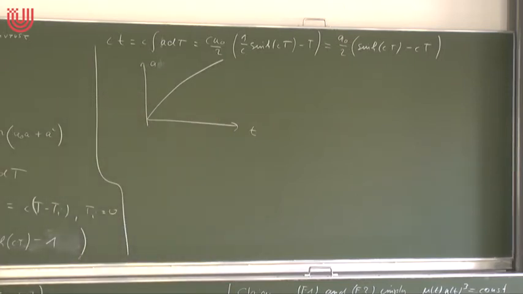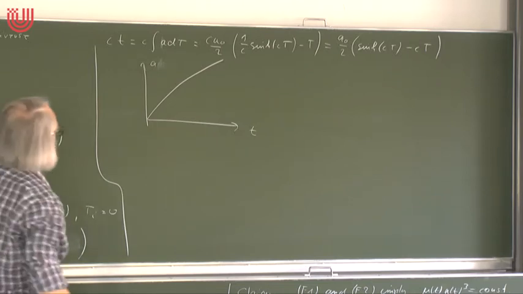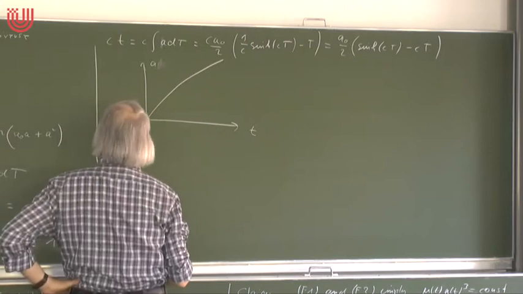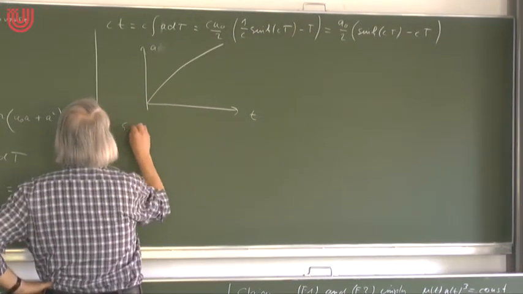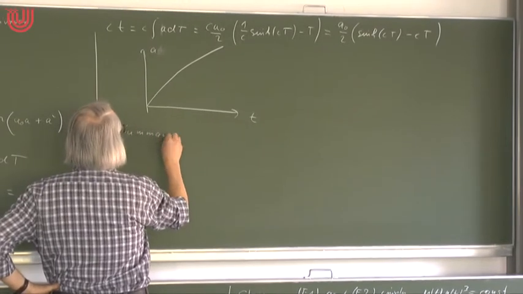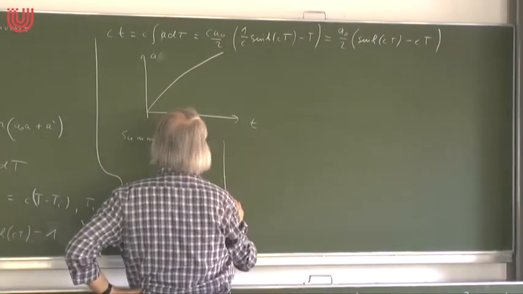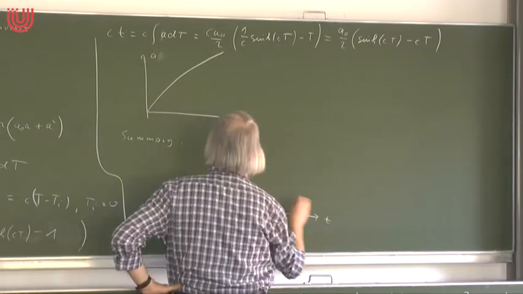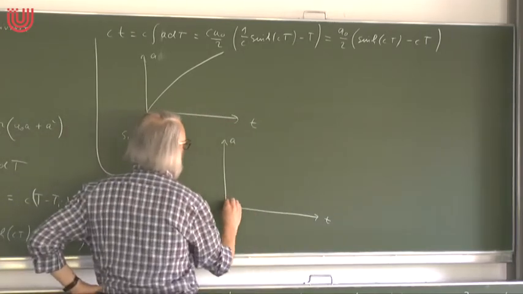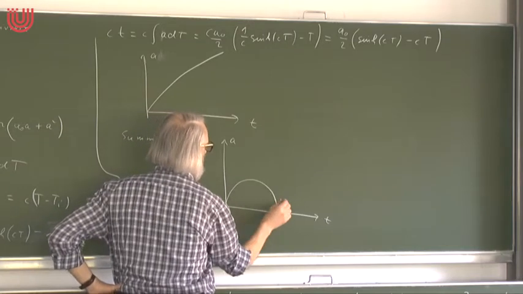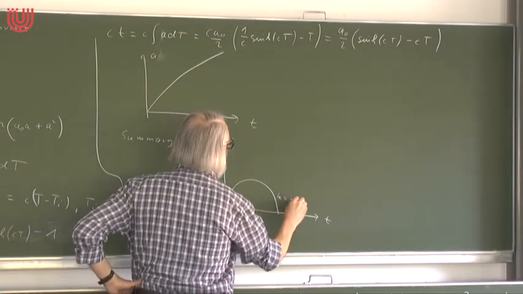So we can combine the three cases now in one picture, and it's a famous picture which you find in every book on cosmology. The summary of these results is that you can plot all three cases in one diagram: scale factor as a function of t. We had the cycloid for k equal +1.